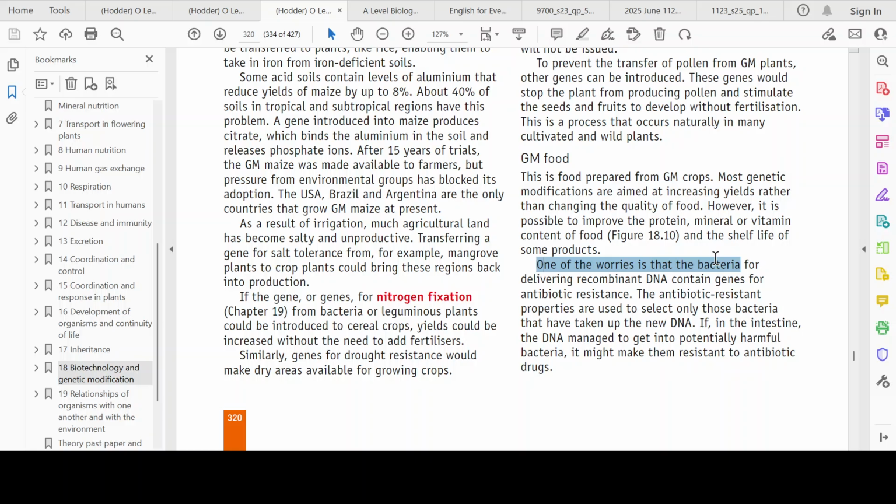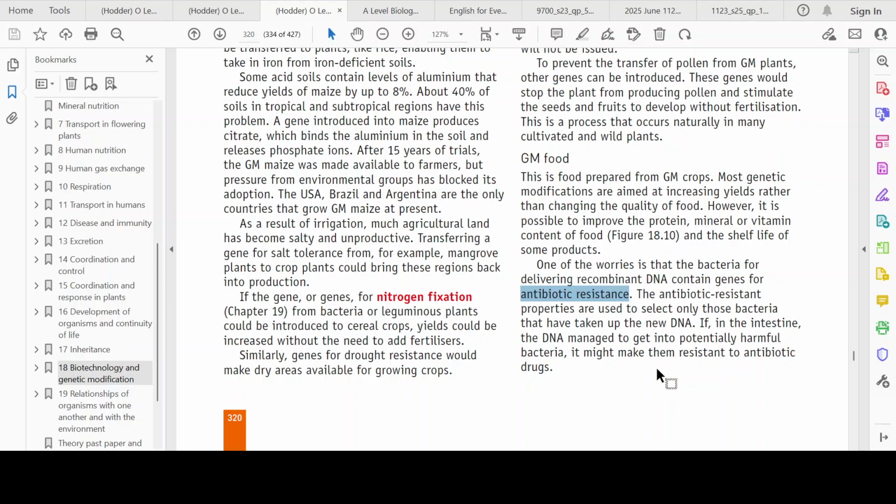One of the worries is that the bacteria for delivering recombinant DNA contain genes for antibiotic resistance. And why does it contain genes for antibiotic resistance? That is the method used to select the bacteria that have taken up the gene that we introduced. So not all the bacteria take up the gene that we put in, and so to distinguish them, we introduce antibiotic resistance into the bacteria, and then we grow them and we add antibiotics.